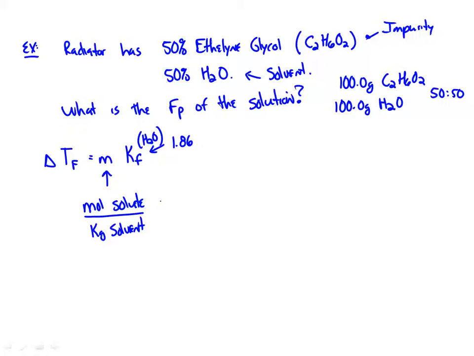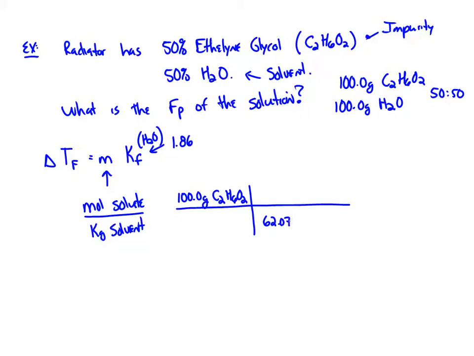So to get the moles of solute, we have to start with our 100.0 grams. Well, actually, I'll do it on its own line, otherwise I might run out of room. If we start with our 100 grams of C2H6O2, I need to be able to convert that to moles, right? So how do I convert from grams to moles?